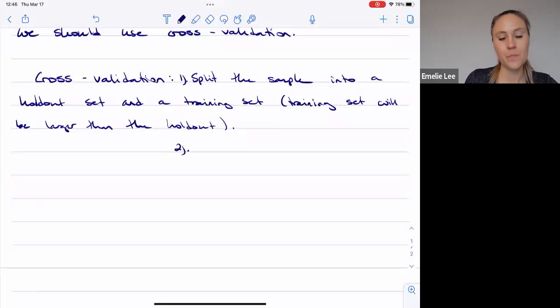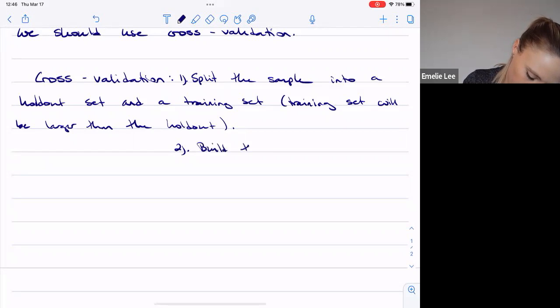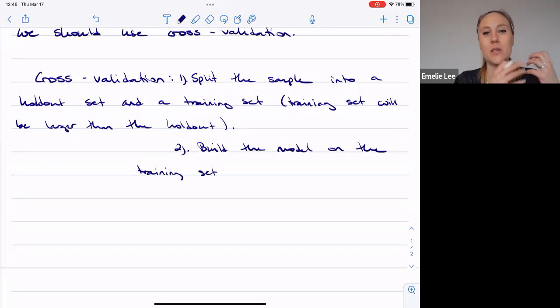Step two is to build the model on the training set. It's the training set because you're training your model, okay? Then you assess the model on the holdout set. So how well does this model do when it's applied to foreign data it hasn't been built on?